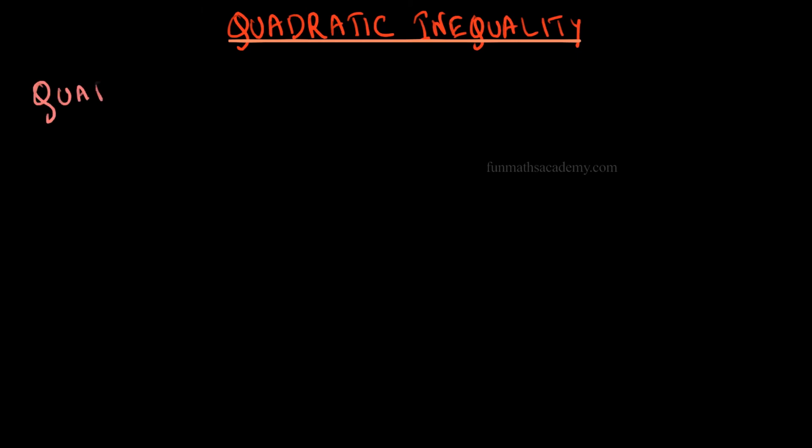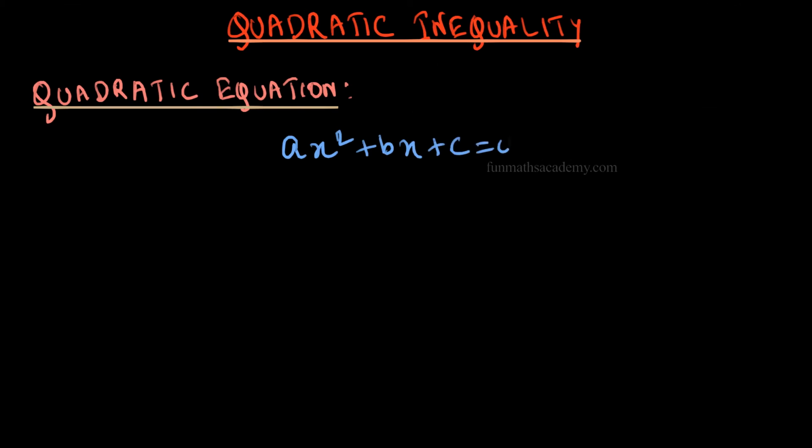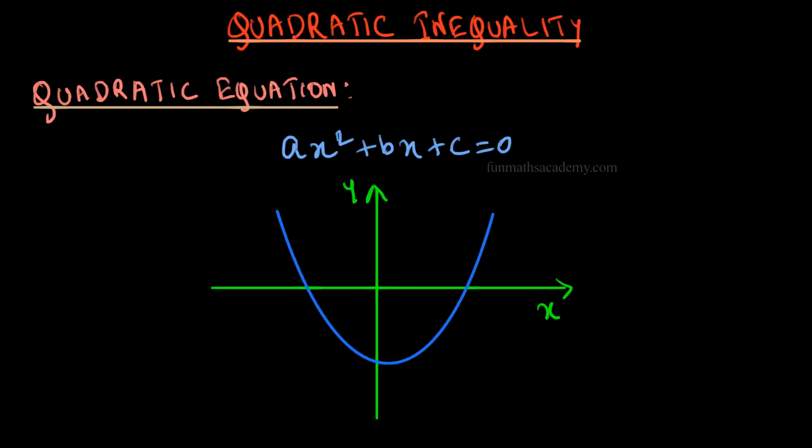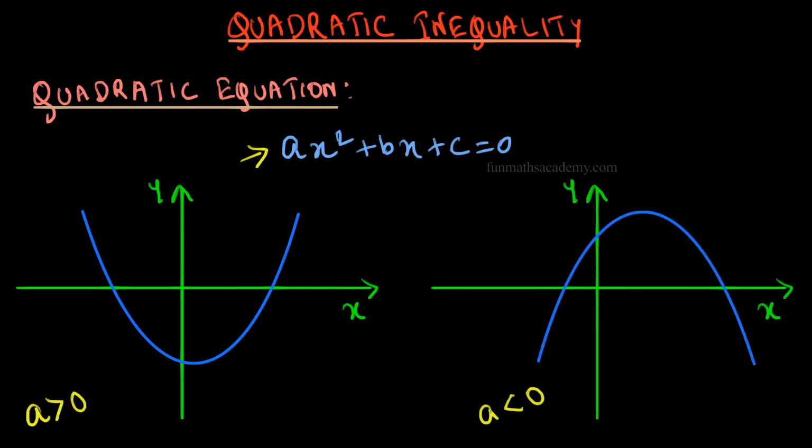We know that the standard form of a quadratic equation is ax squared plus bx plus c equal to 0 and its graph will be a U-shaped parabola. Depending on the value of a, whether it is positive or negative, the parabola of the equation will be concave up or concave down respectively. To learn about these concepts in detail, check out the link given in the description box.